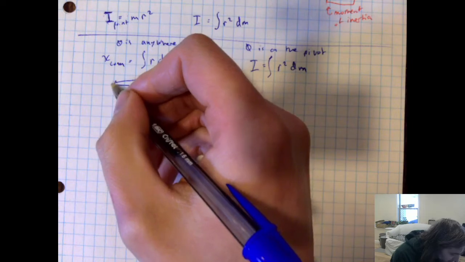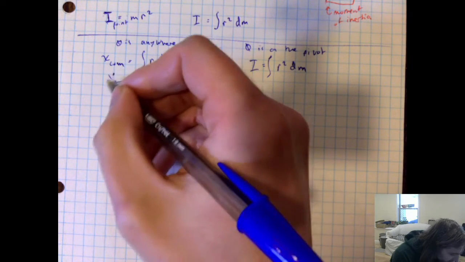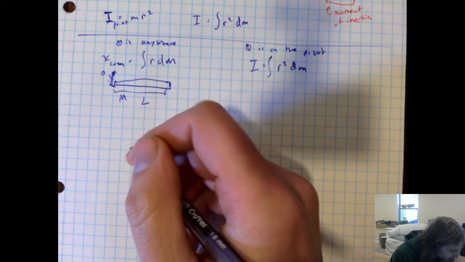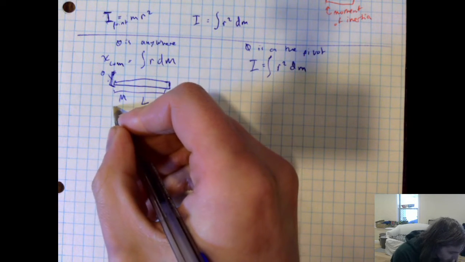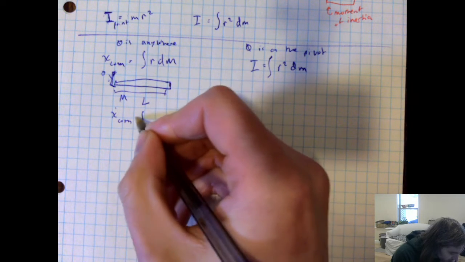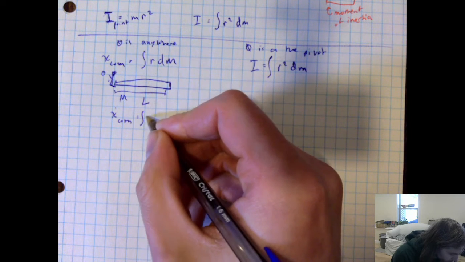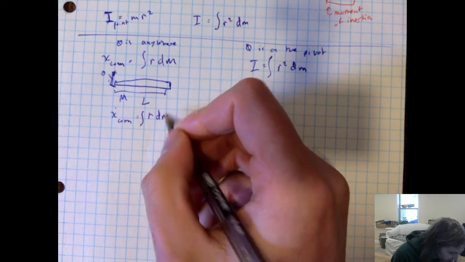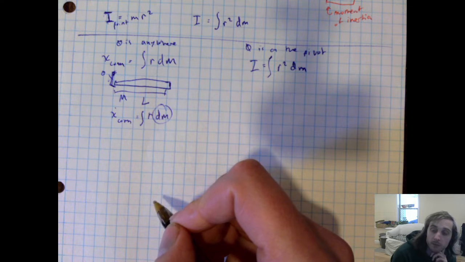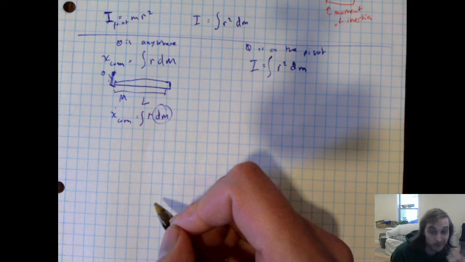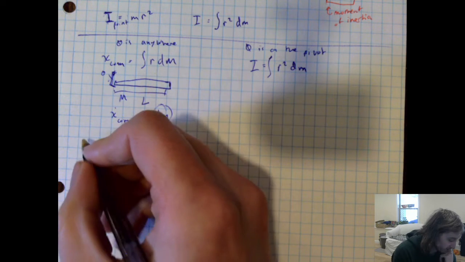So for center of mass, I'm just going to pick my 0 point as all the way over on the left. And so if I do that, x center of mass is equal to the integral of r dm, but I need to figure out what dm is. Now dm is going to be my infinitesimally small chunk of mass. Well, how big is an infinitesimally small chunk of mass?